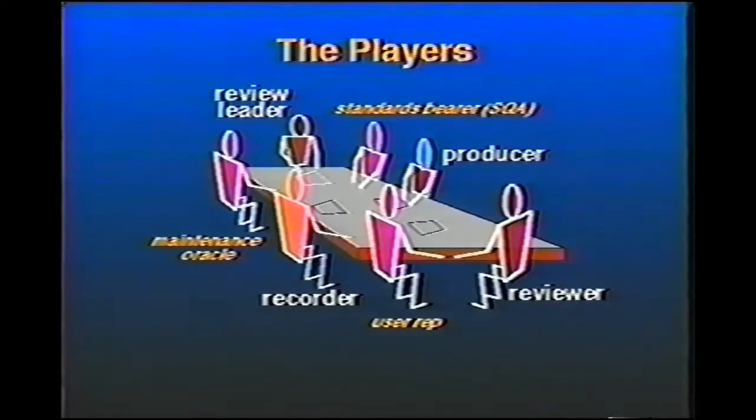And finally, we might include representatives from the maintenance organization to make sure that decisions made during the review will not adversely affect the long-term maintainability of the system. These and many other people can be added to the review team. But overall, we should try to keep the team as small as is reasonably possible to conduct an effective review.